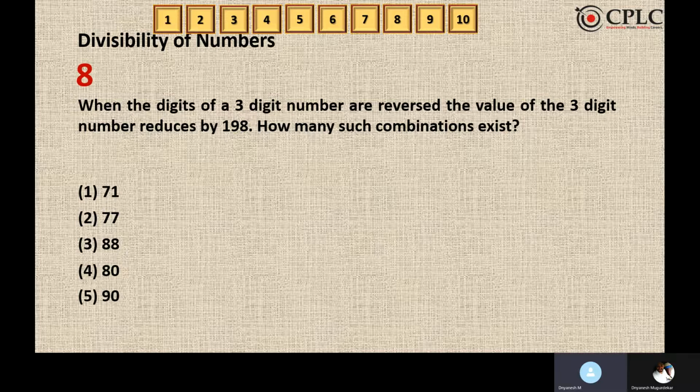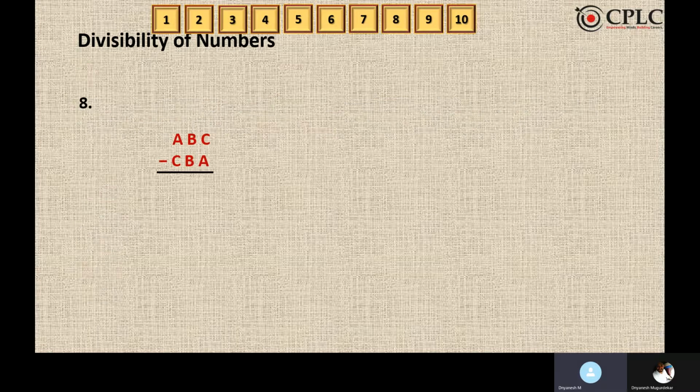Eighth one. When the digits of a three-digit number are reversed, the value of the three-digit number reduces by 198. How many such combinations exist? So the same trick that we applied for two-digit numbers, we can do for three-digit numbers. Original number ABC, number obtained after reversing CBA. Consider the place values and subtract them.